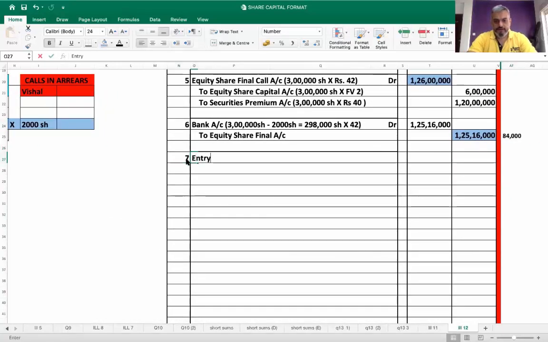Seven. I'll just write entry for forfeiture. You don't have to write this.